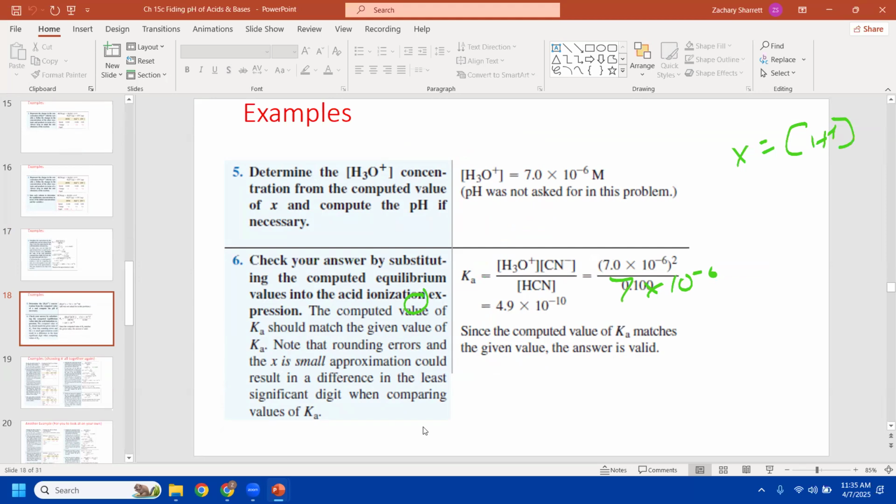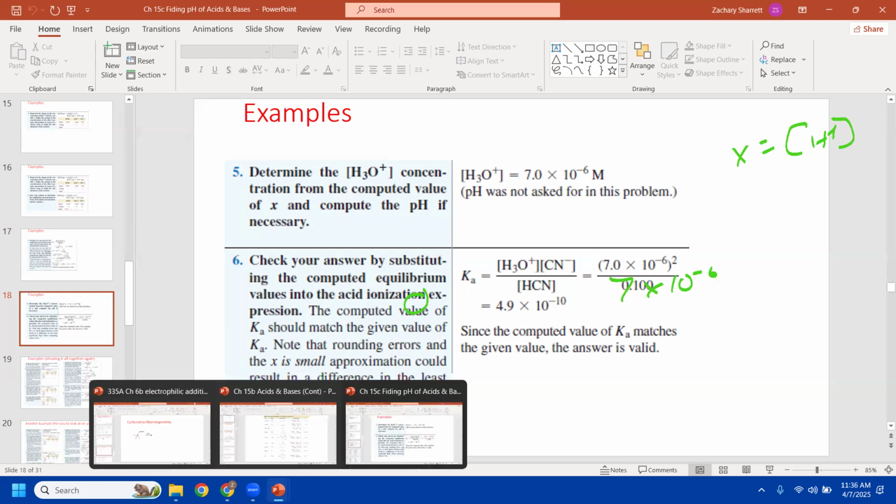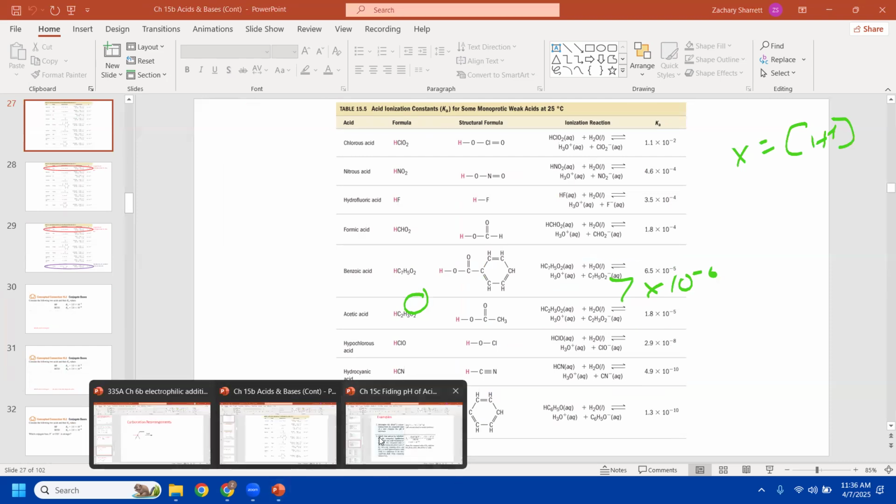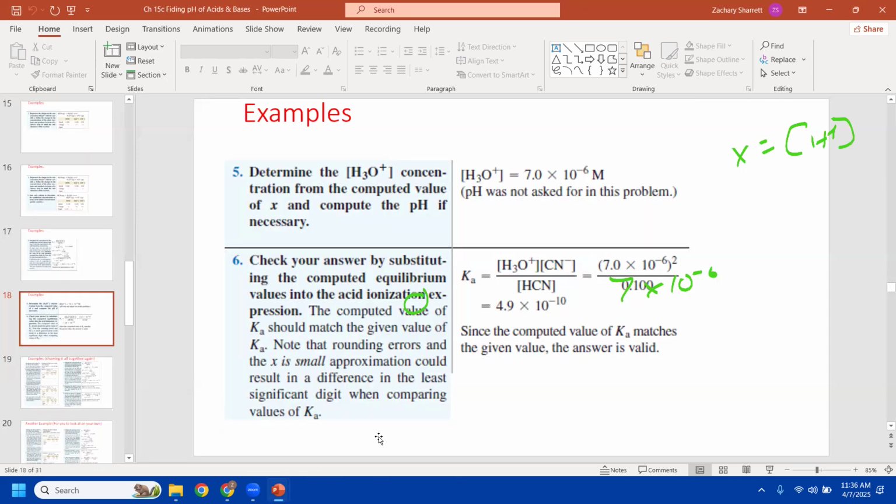Oh, so we wanted to find the Ka of this. So this is plugging it back in to see if it works. So when we plug in the 7 times 10 to the negative 6, we get 4.9 times 10 to the negative 10. What was the value we had before? 4.9 times 10 to the negative 10. It is giving us the same value. We feel confident that that was a good job of doing that, right?